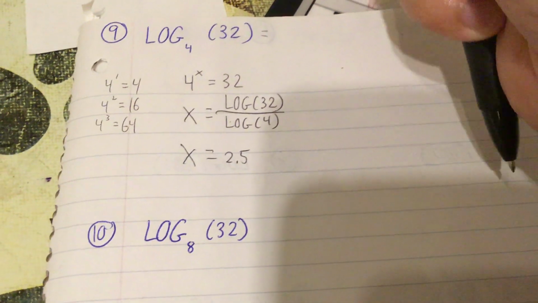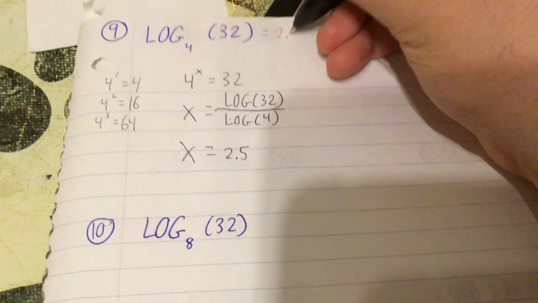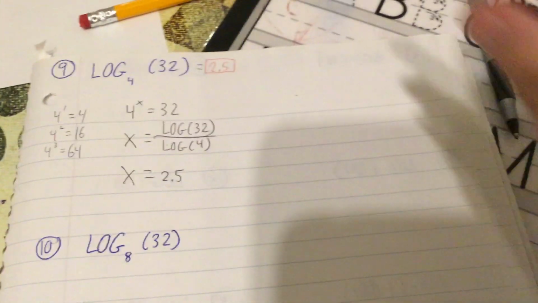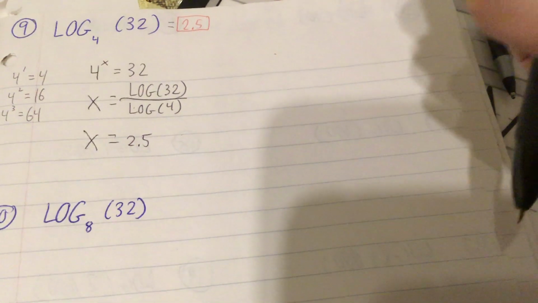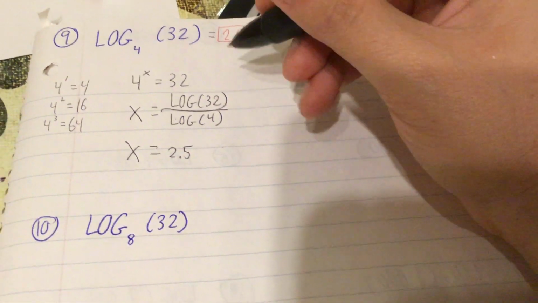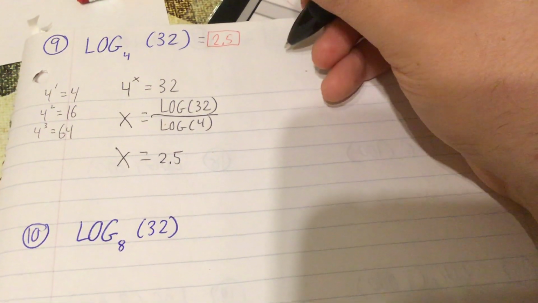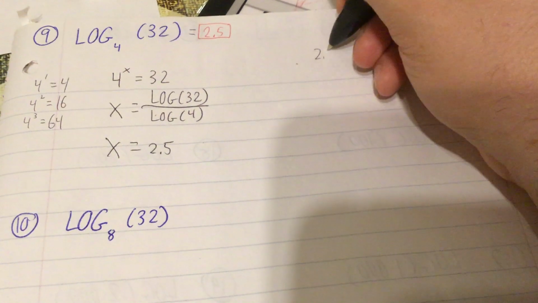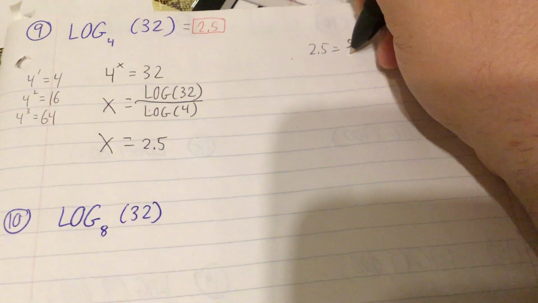So personally, I would write this as 2.5. But the textbook likes it as a fraction. Personally, it doesn't matter to me one way. But if you know a thing or two about fractions, you'll know that 2.5 would be 5/2. So 2.5 is equal to 5 halves.